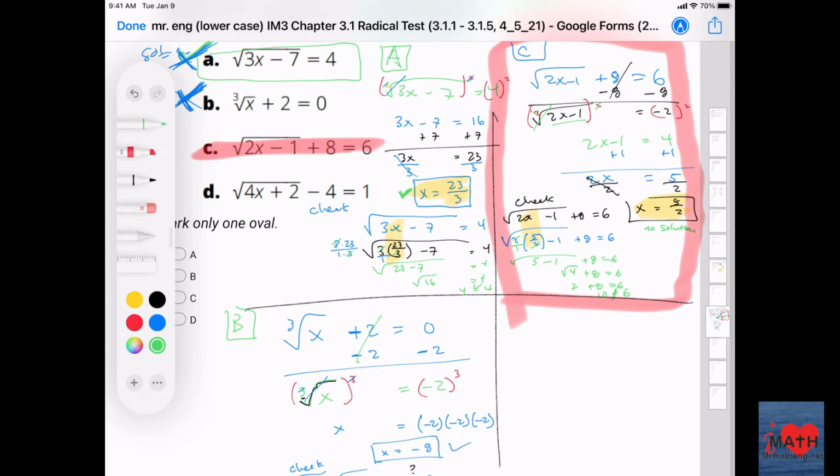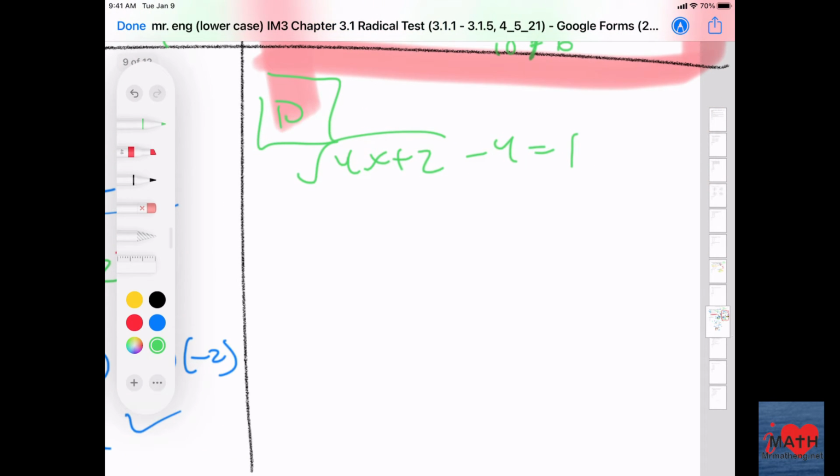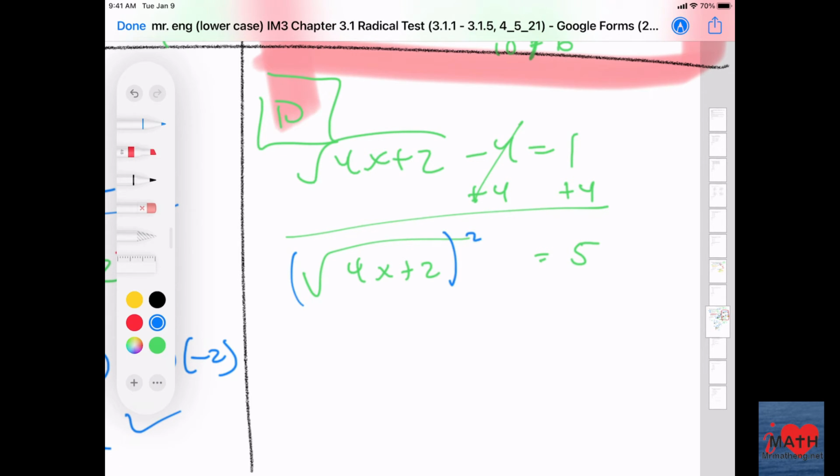Now, I always like to make sure that this is correct by doing the other one as well. Square root of 4x plus 2 minus 4 equals 1. It's not isolated, add 4. This equals 5. It's isolated, so I'm just going to square it. So now I have cancels, cancels, cancels.